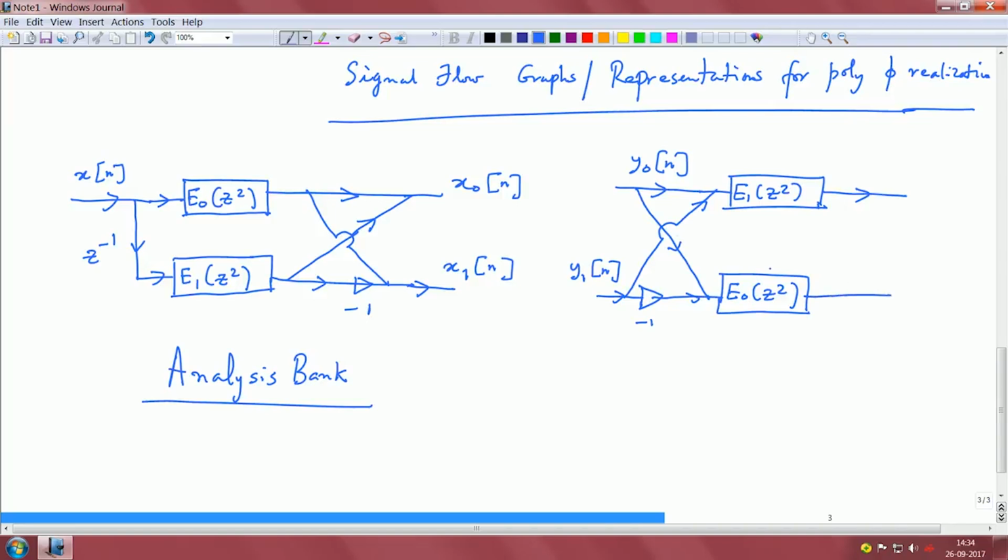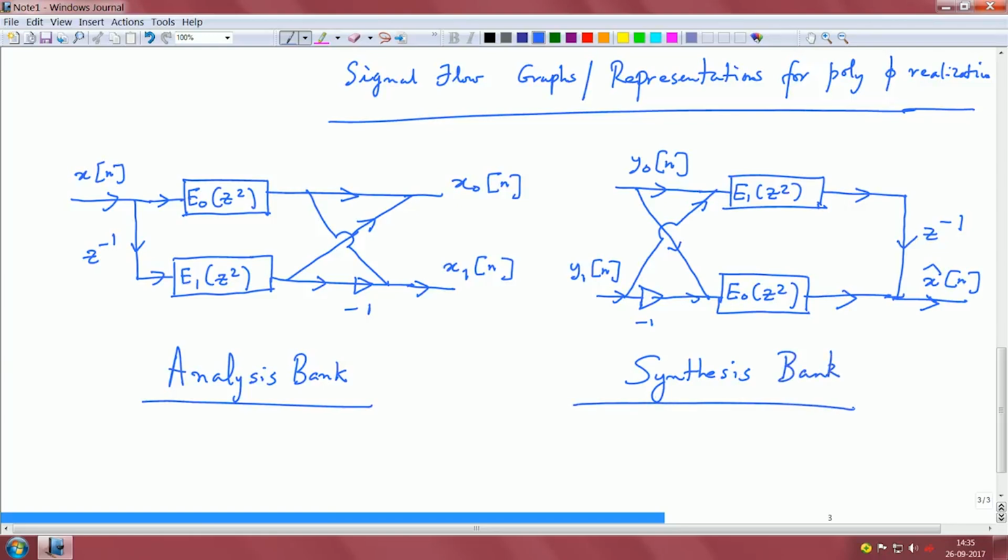So, basically two different subband signals, one is a sum, other is a difference, goes through each of the filters, and then the output of the filters are combined using a delay element to get you back your reconstructed signal x hat. This is the synthesis bank. So, all we have done is just the polyphase representation. We have not used any downsampling or upsampling, right. We have to bring in those components as well if we were to realize the entire 2 channel filter bank. This is just a polyphase representation. Okay.